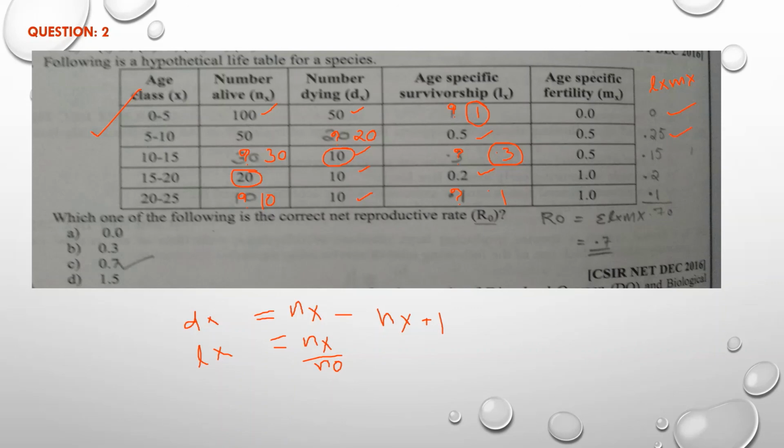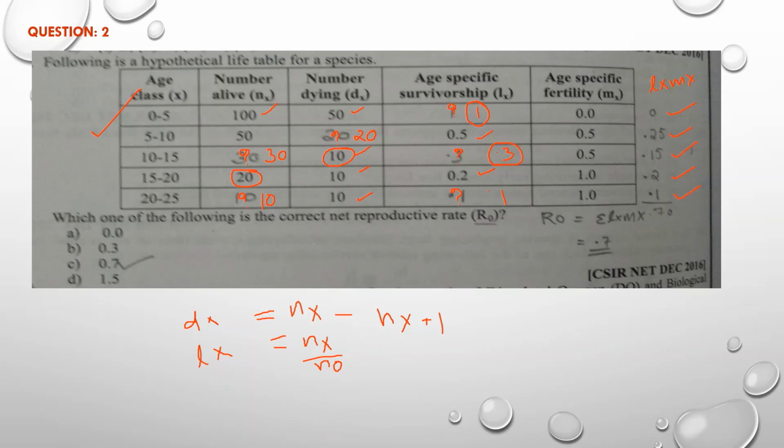Here Lx value is 0.3 and Mx value is 0.5 and Lx Mx is 0.15. Next, age class 15 to 20. Here Lx is 0.2 and Mx is 1. So Lx Mx is 0.2. Next is 20 to 25 age class. Here Lx is 0.1 and Mx is 1. So Lx Mx is 0.1.